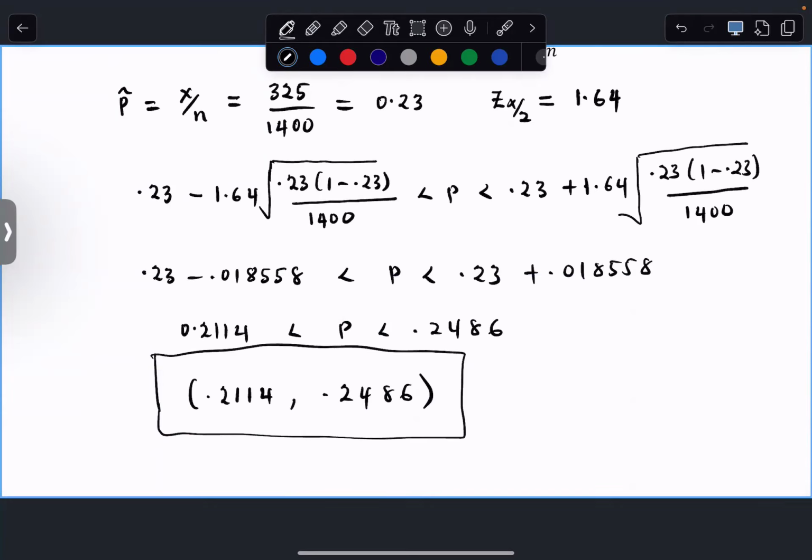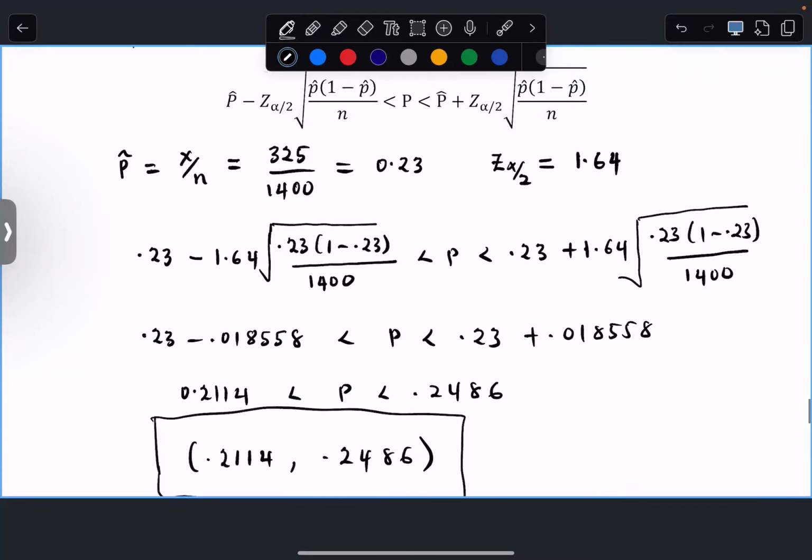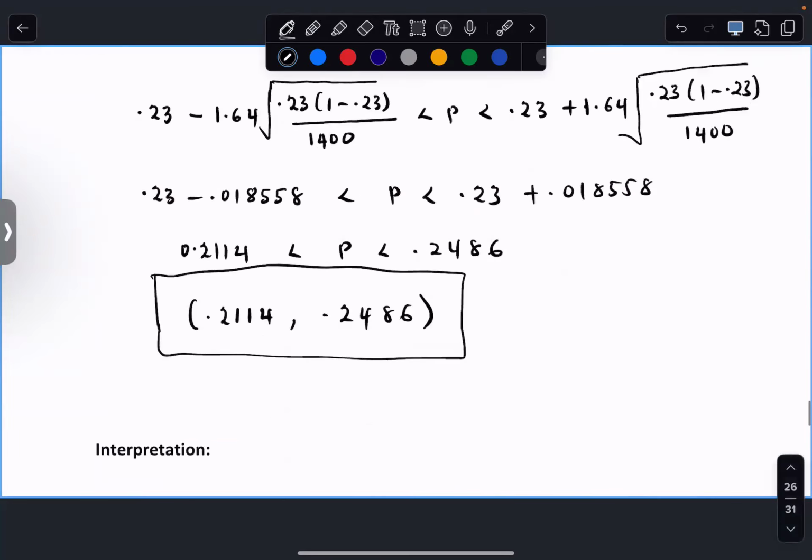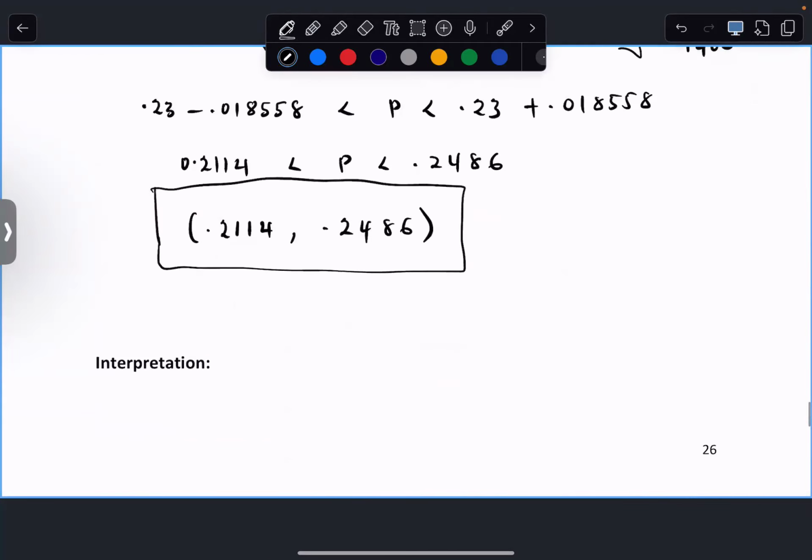Exactly. So we are 90% confident that the true proportion of students who paid for their education with students' loans is between 0.21 and 0.24 or 0.25.